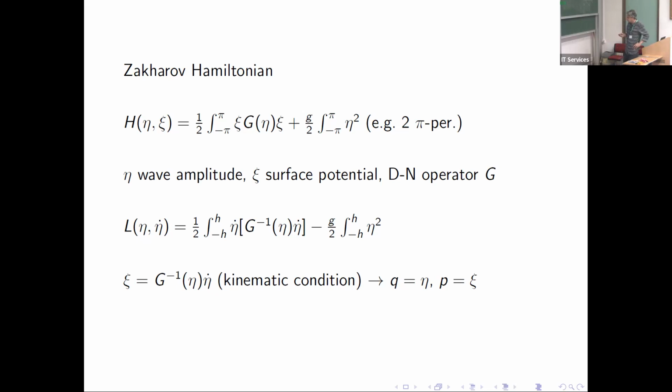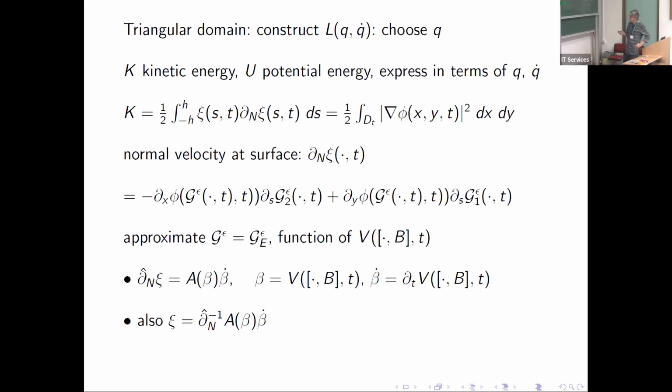So we need to construct a Lagrangian. It's a functional on some configuration variable and its time derivative, and we can choose. This is perhaps the advantage: we have some freedom to choose, a diffeomorphic choice, at least in finite dimensions.